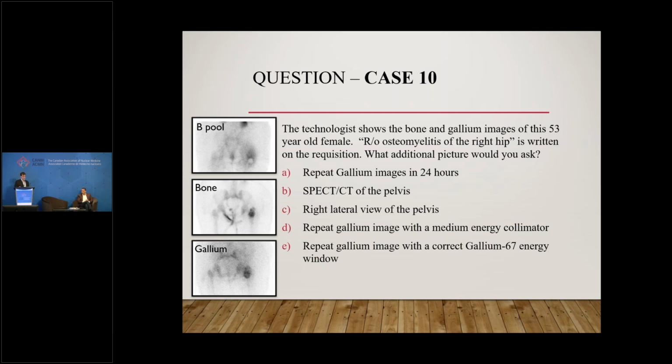Will you ask for a repeat gallium image in 24 hours, or SPECT CT of the pelvis, right lateral view of the pelvis, repeat gallium images with a different energy collimator, or repeat the gallium images with the correct gallium energy window? Well, we did have a SPECT CT, so the proper answer was we will order a SPECT CT.